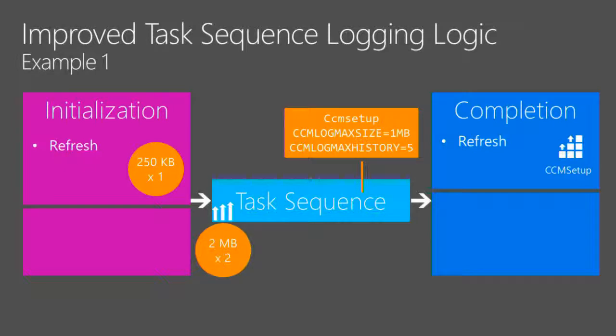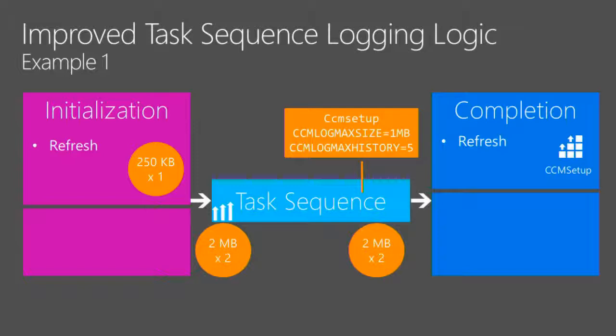Now, during the task sequence, this is a refresh scenario, so CCM setup will be called. This is not good syntax, for those of you that know the parameters. It's just good for demonstration purposes. So you specify 1 meg in size and 5 history as part of the parameter. Well, wait a minute, that's different than what we started with. Doesn't matter.